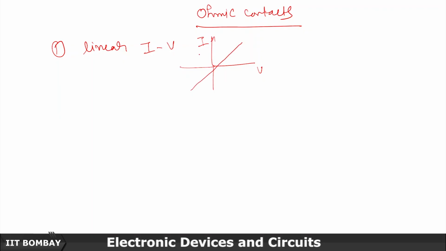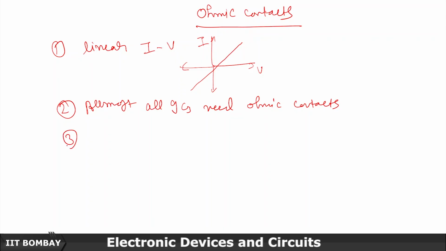That's the first thing. The second thing is that almost all integrated circuits need ohmic contacts, so there is a demand for them. All ICs need ohmic contacts. That's why we are studying them.